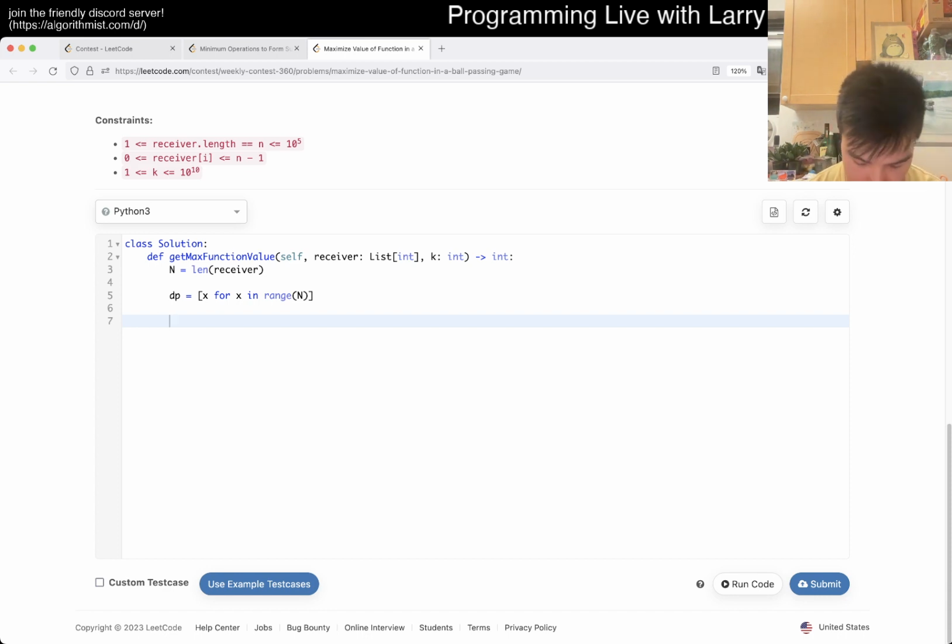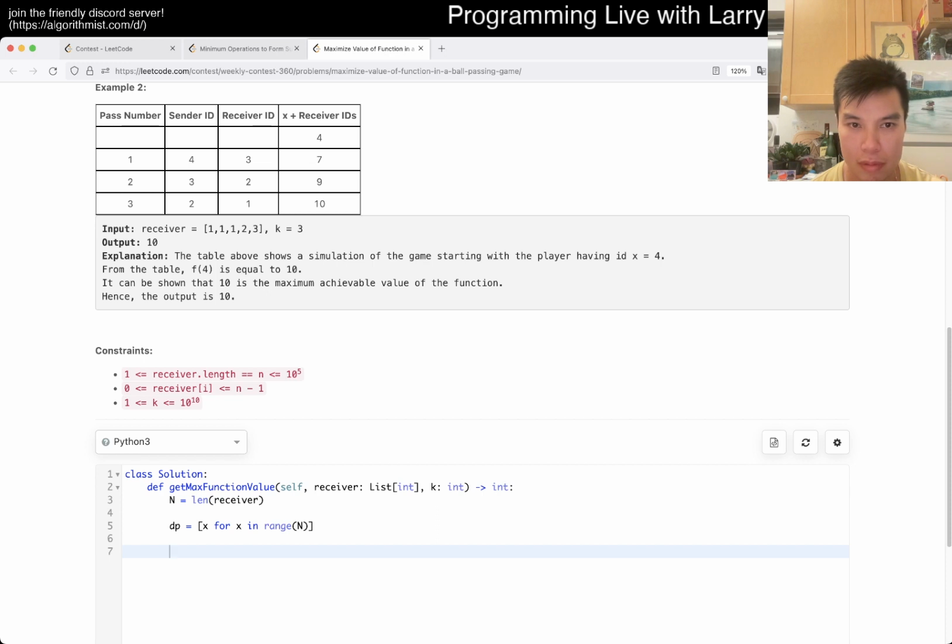Okay, and then this is also kind of evil, to be honest, because I don't know, seems unnecessary, but this is actually maybe something like this.